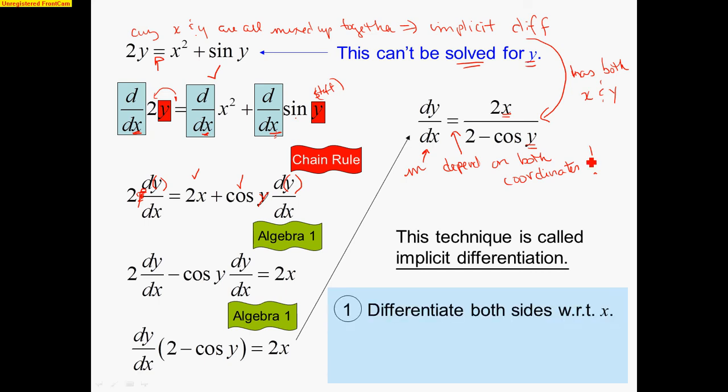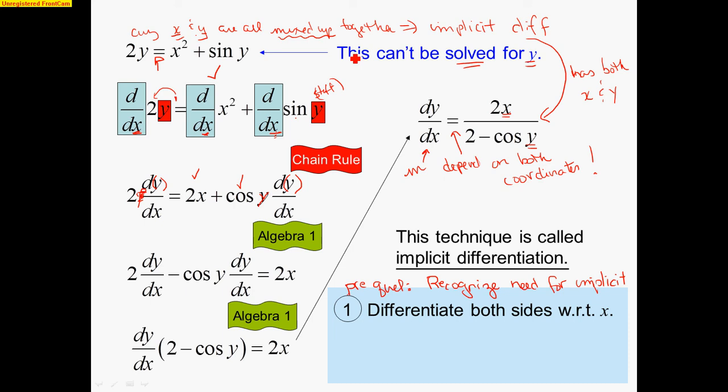Step 1. Well, really the prequel step to this, the prequel is recognize. You need to recognize that you need implicit differentiation. How you recognize the need for implicit is that the x's and y's are all mixed up together.